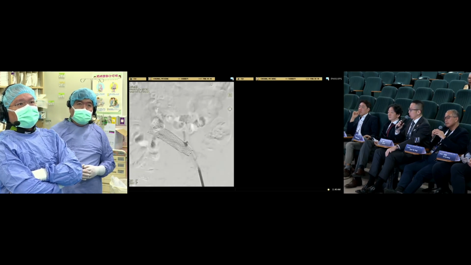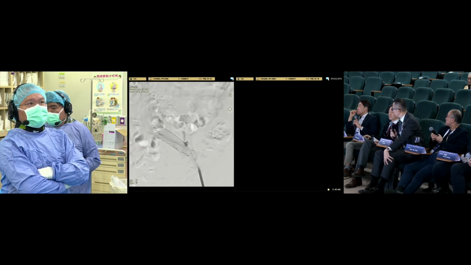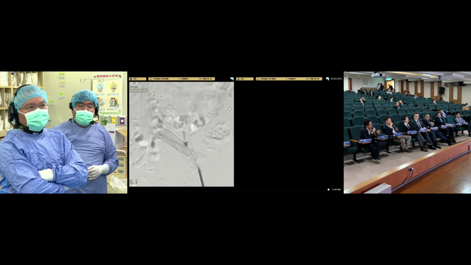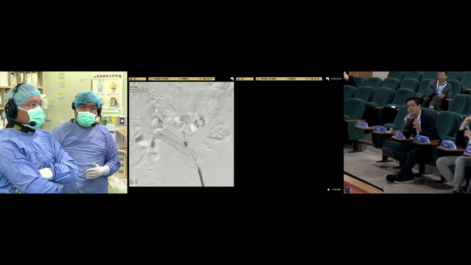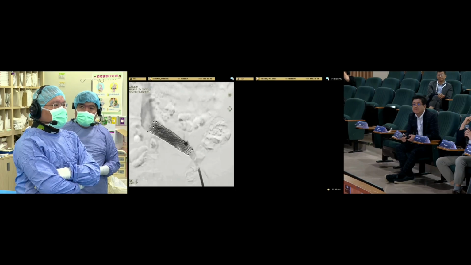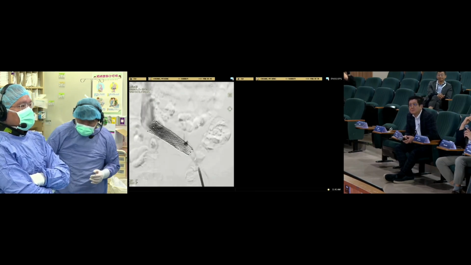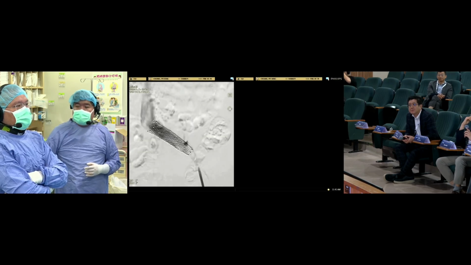Is there any question or comment from the panelists? I want to ask, what kind of antiplatelet or anticoagulant for this patient, and how long? This patient just had pulmonary embolism, and now she receives NOAC treatment.